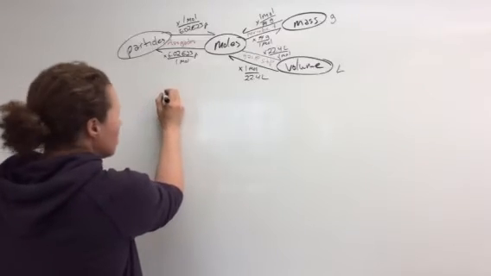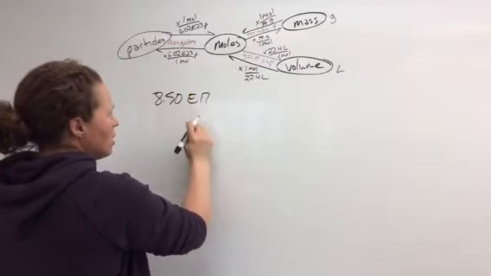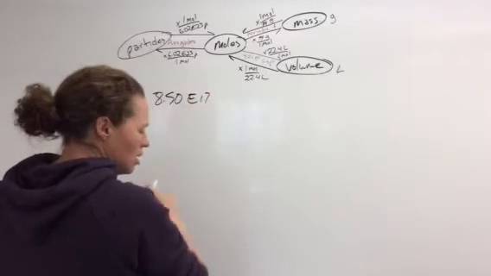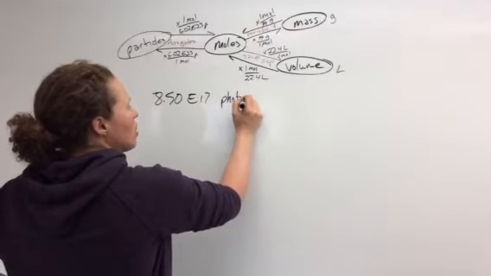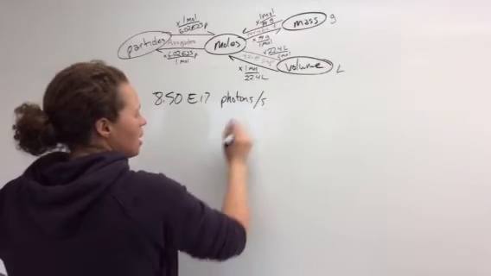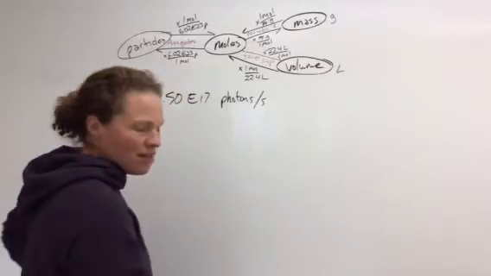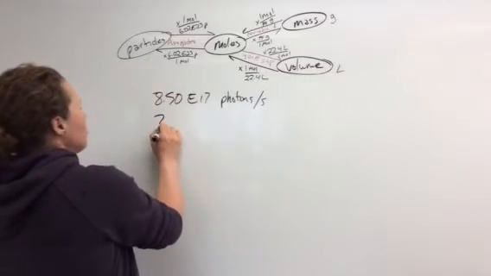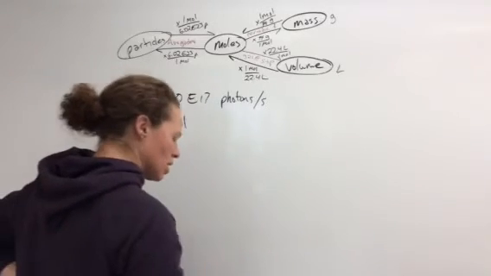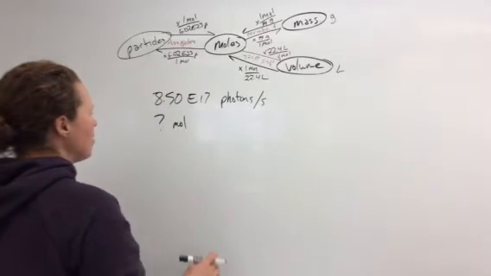I've got 8.50 E17, and the value that it's giving me is photons, which is a particle, per second. A photon is a particle of light. Yay, they even tell you. How many moles, I want moles, of photons are emitted by the light source in 1 minute.